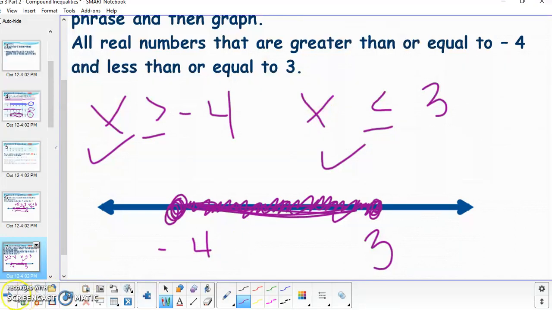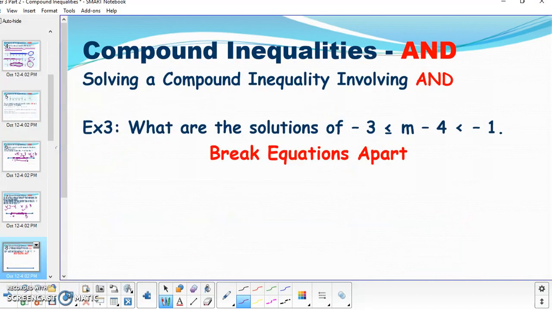Well, it's not always going to be that easy. Here is an example where you're given the solutions of -3 less than or equal to m - 4 less than -1. This is what you'll see: a compound inequality that needs to break apart. You need to create two inequalities from this one entire statement before we can know how to graph and what solutions will make the inequality true.